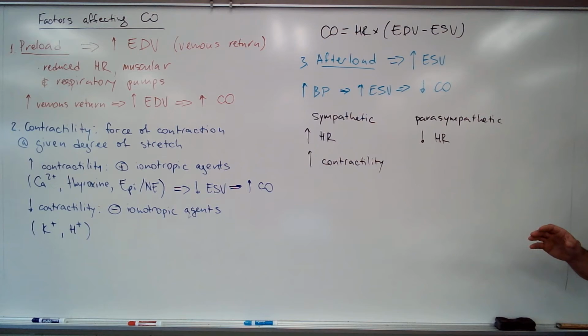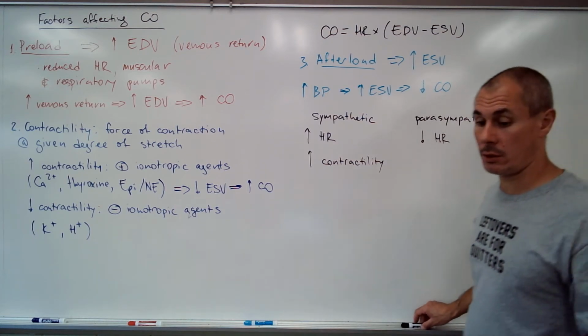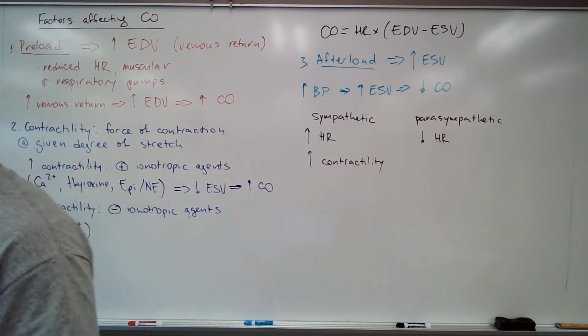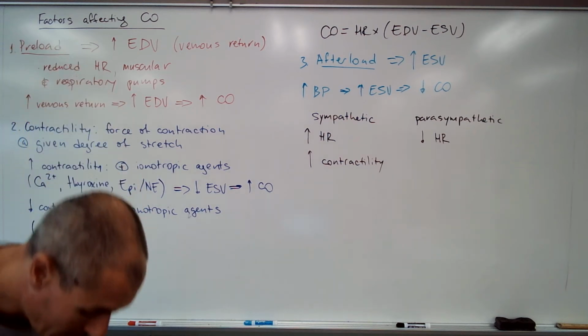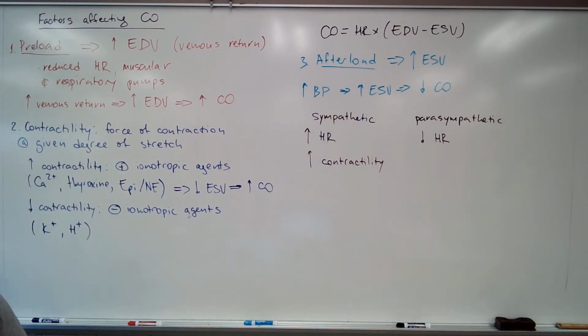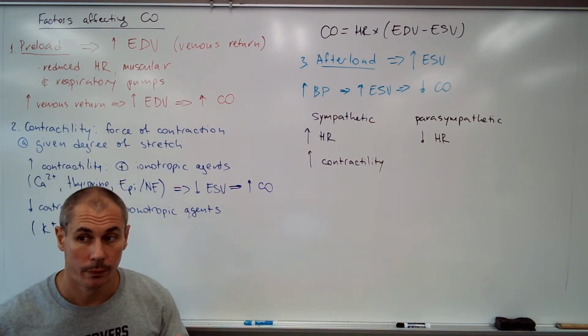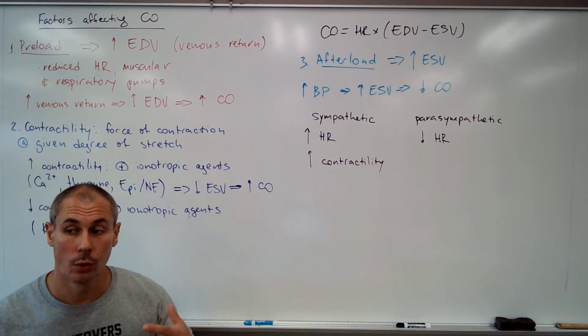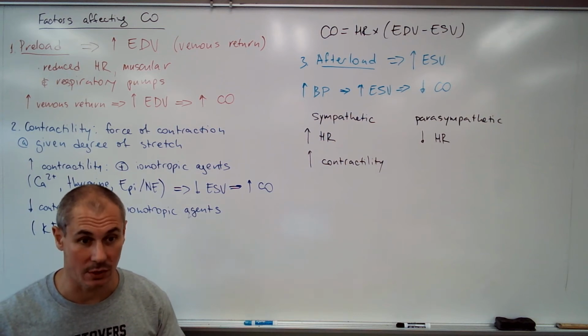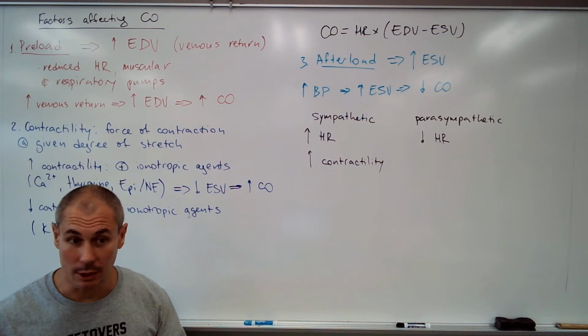Okay? We good? And that kind of feeds into a clinical application here about cardiac output. First of all, cardiac output at rest should be pretty much the same. Do you agree with me?